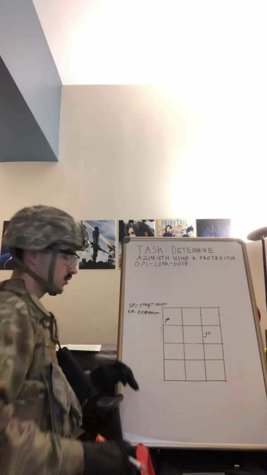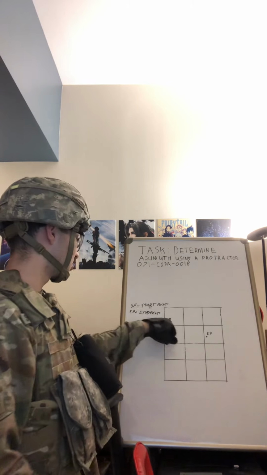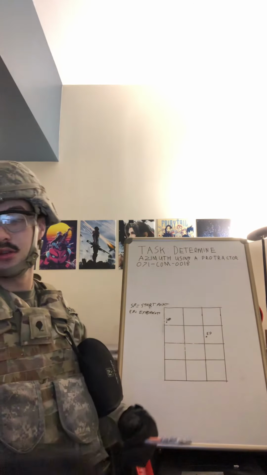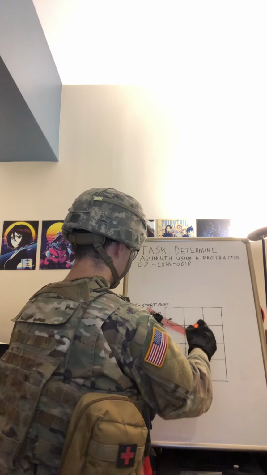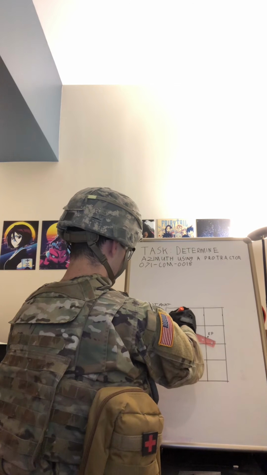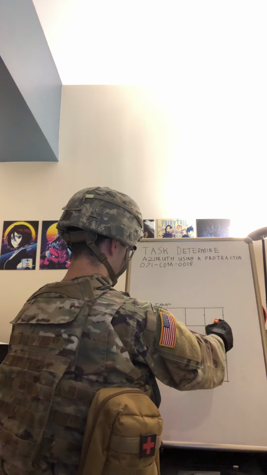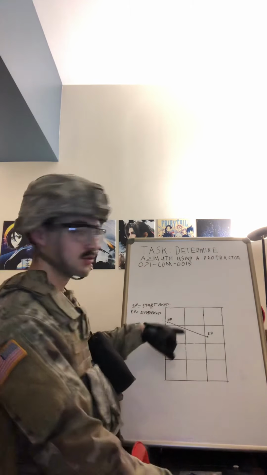This is your first two tasks, start point and end point. Properly identify them. From there, you will draw a straight line, obviously, the whiteboard is a little bit bigger, so I have to use a ruler, between the two points. That is your third task.